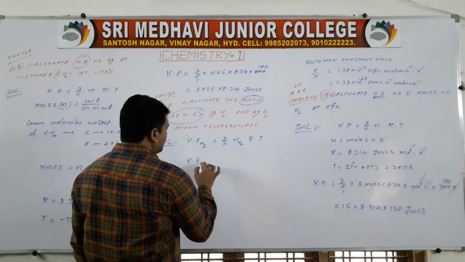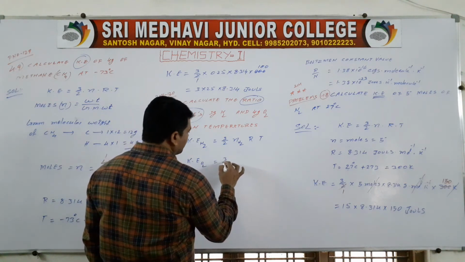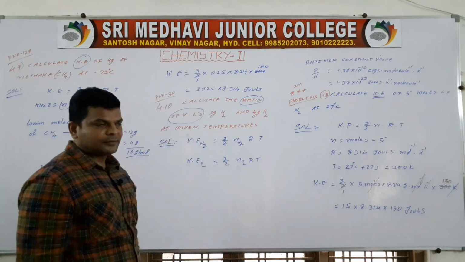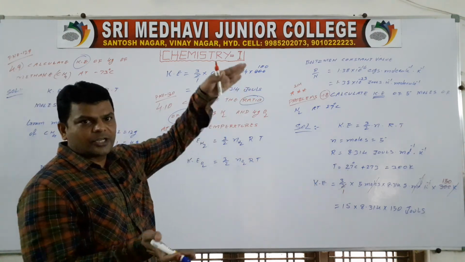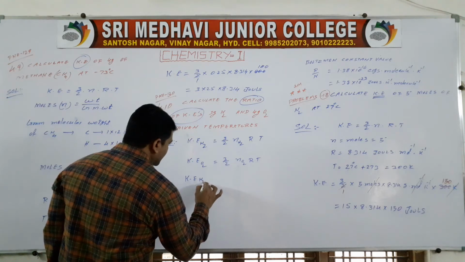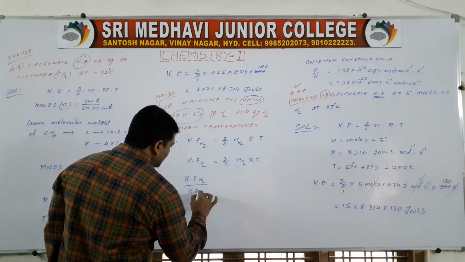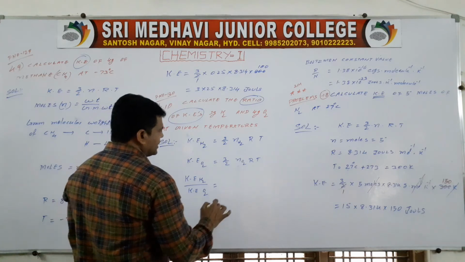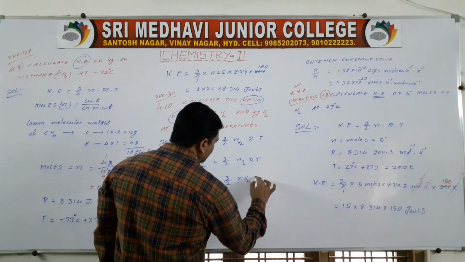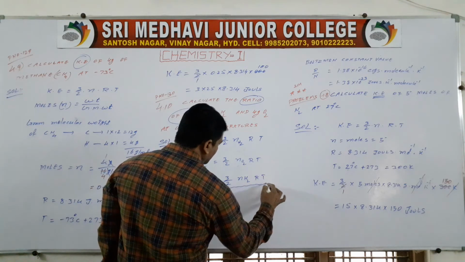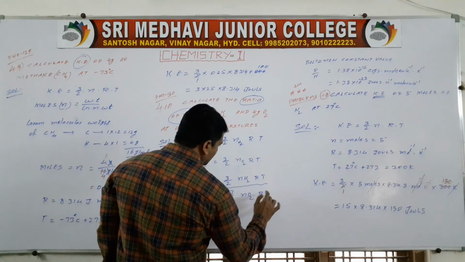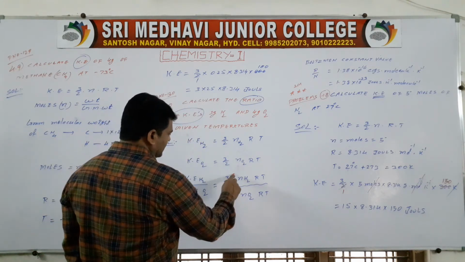In the same way, kinetic energy of O2 is equal to 3/2 nO2 RT. He wants the ratio, and ratio means dividing. Then KE of H2 by KE of O2 is equal to 3/2 nH2 RT by 3/2 nO2 RT. Cancel.